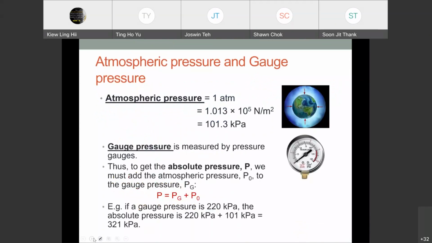So move on to our pressure. Remember, I said there are two types of pressure. One is absolute pressure and one is gauge pressure.